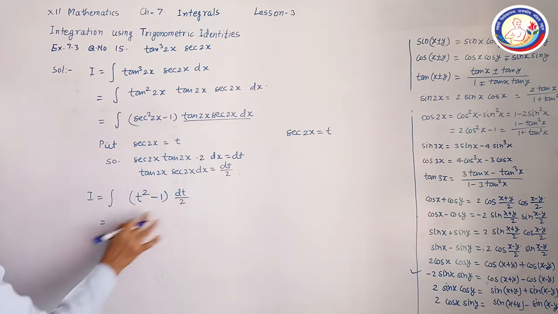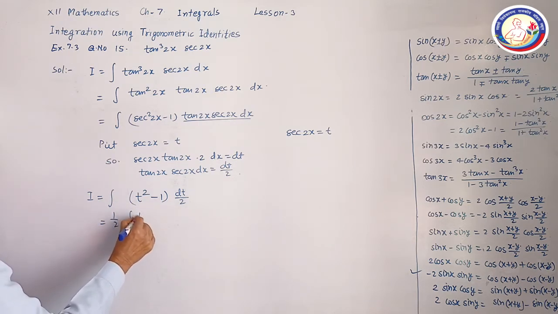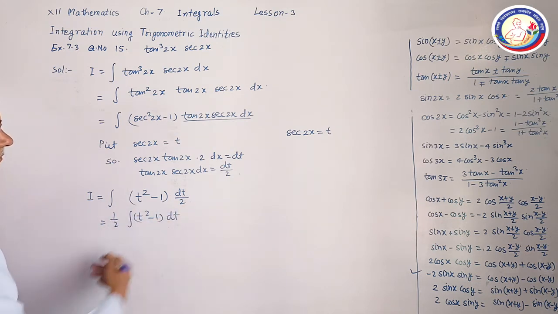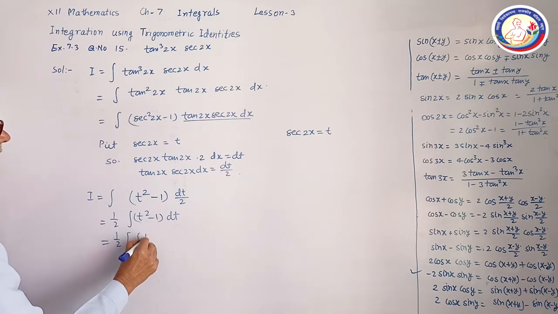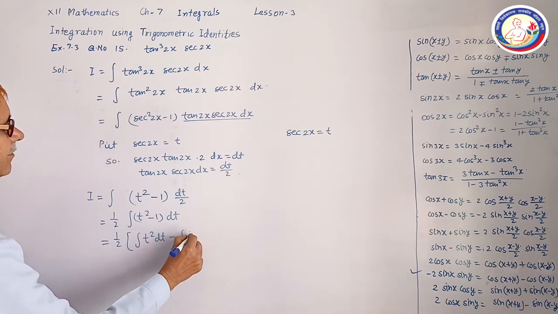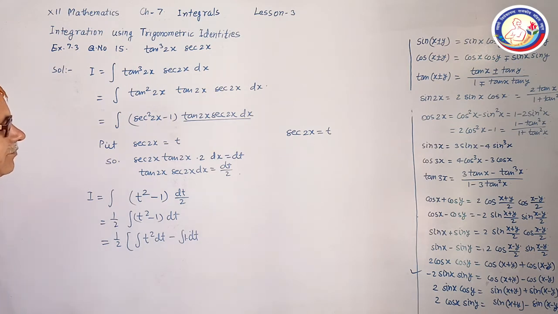Bring this 2 outside this integrand. 1 upon 2 integral of t square minus 1 dt. Now break it in 2 parts, 2 integrals. It will be integration of t square dt minus integration of 1 dt. 1 or t raised to power 0.